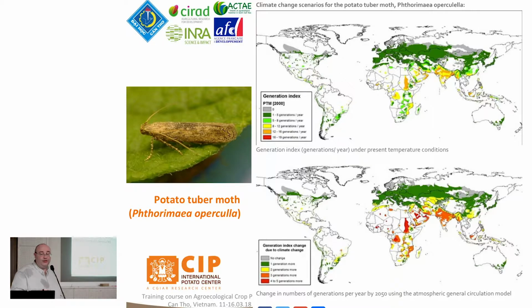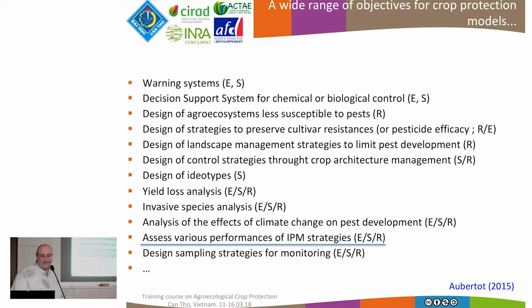And in that way, you will get some priorities in order to decide fundings. If you're a research institute, you can say, okay, maybe in the future, this pest will be very important for our situations or for this continent, for instance.